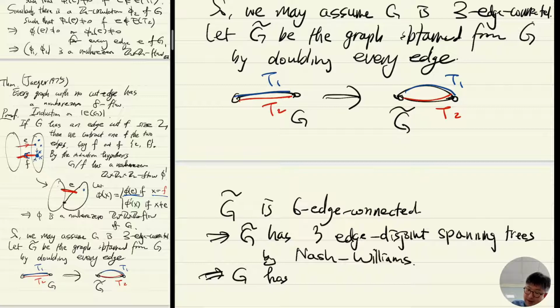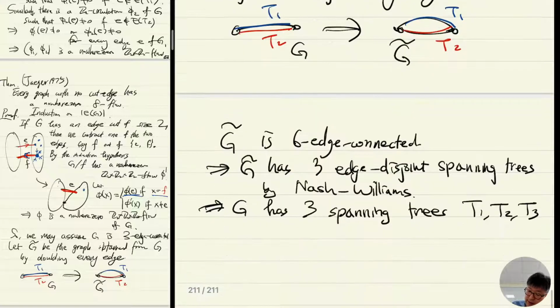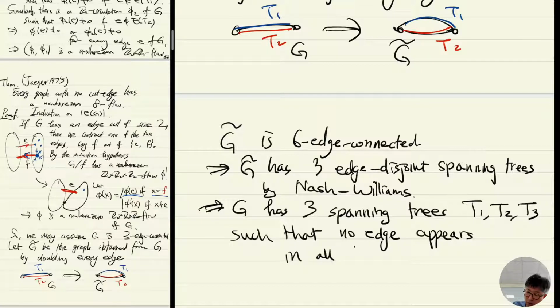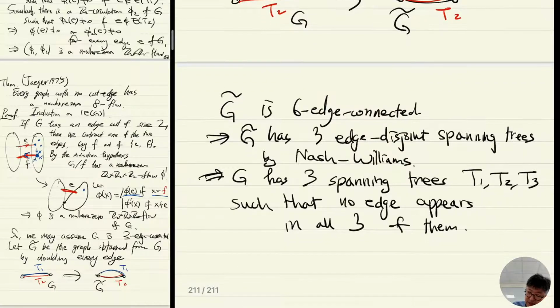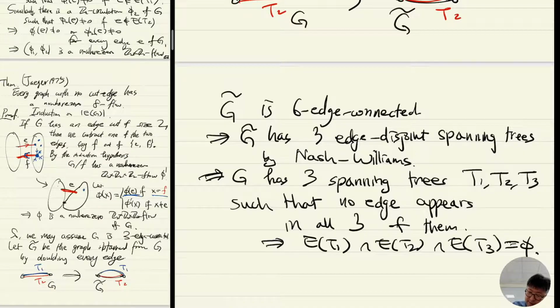So G has 3 spanning trees, T1, T2, T3, such that no edge is used more than twice. So that means no edge appears in all 3 of them. So what that means is E(T1) intersection E(T2) intersection E(T3) is the empty set.